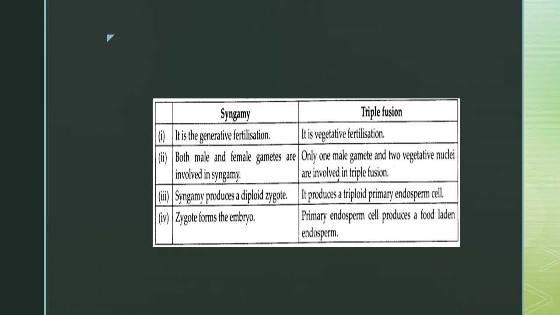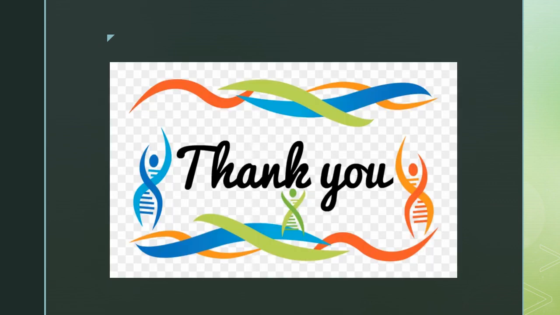Difference between syngamy and triple fusion: syngamy is fertilization only, that is the fusion of the egg cell and the male gamete, and triple fusion, or vegetative fertilization, is the fusion of one male gamete and the two nuclei of the polar nuclei. Syngamy leads to the formation of a diploid zygote, while triple fusion leads to the formation of the endosperm cell, that is 3n.